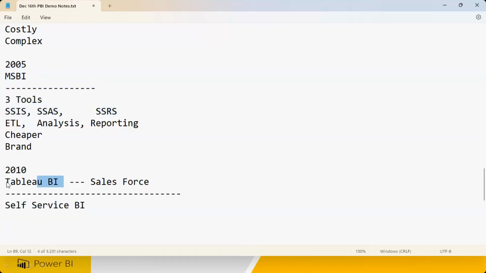But Tableau BI is completely self-service BI. Maggi noodles, even my kid can prepare and eat them, right? Self-service food. You need not know cooking. Anybody can prepare Maggi noodles. But biryani, you will not be able to prepare on your own, right? So Tableau BI is similar to Maggi noodles. Anybody can prepare these kinds of reports.